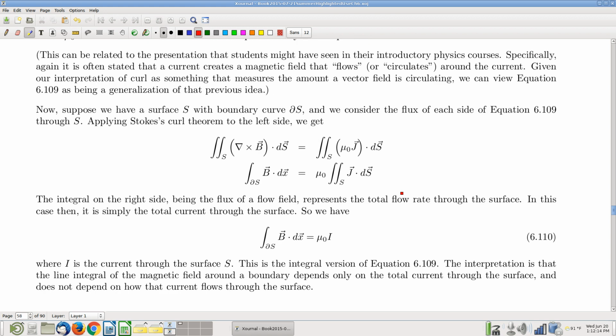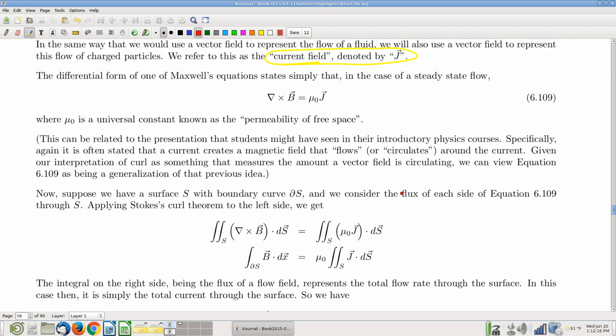This up here is only valid in the case that the flow of the fluid is steady state. That means that the flow of the current field is both constant and there's no sort of accumulation of particles, like there's no charge buildup happening. Right?